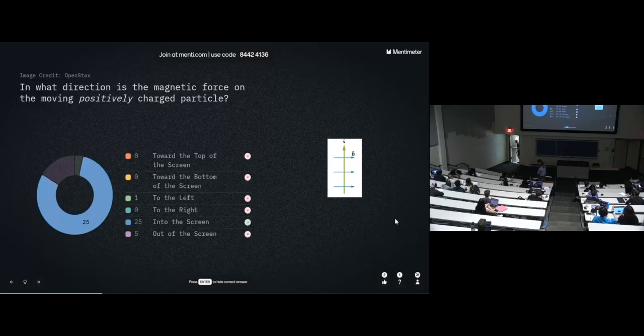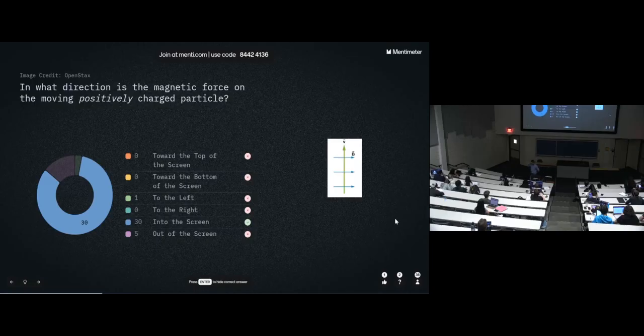The first four that we can rule out are top and bottom, left and right. Because of the cross product, our correct answer has to be perpendicular to the velocity, so it can't be up or down. And it has to be perpendicular to the magnetic field, so it can't be left or right.